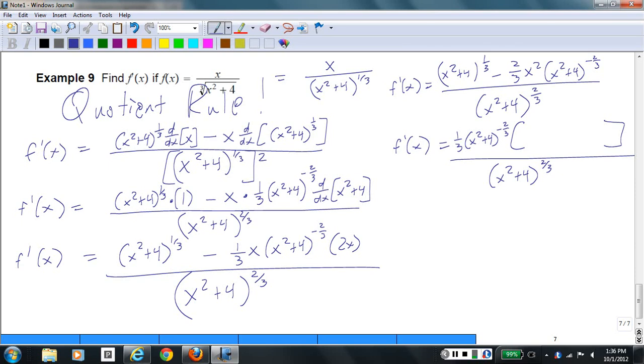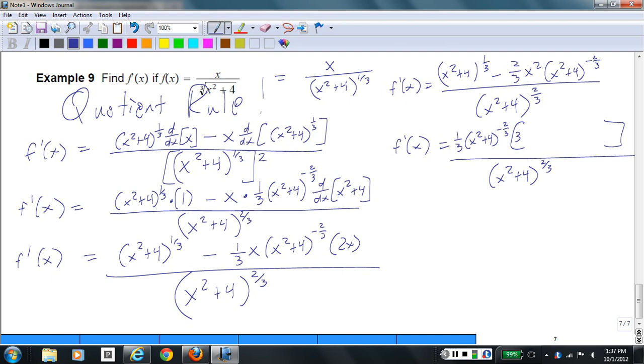So let's just ask ourselves this: 1/3 times what equals 1? Can we answer that question? 1/3 of what equals 1? 3. We're going to need a coefficient of 3 for this first expression here. I need a 3 there because I factored out the 1/3 when the first coefficient wasn't really divisible by 3.